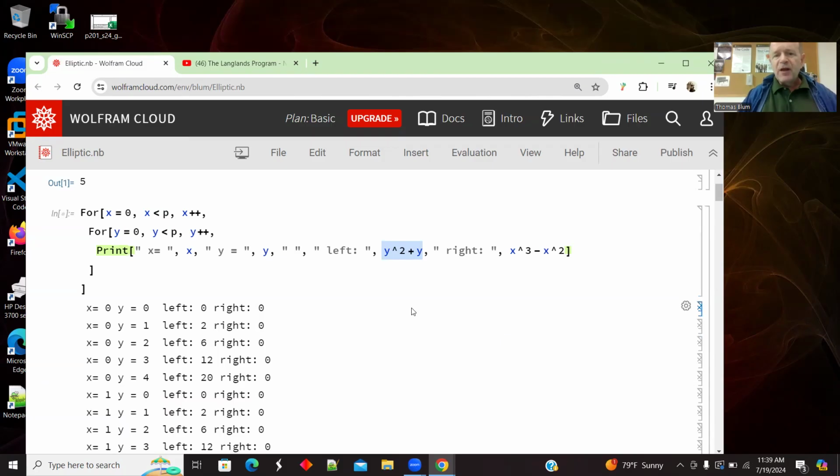So our x's and our y's are only allowed to go modulo p, the prime, and then these combinations are also modulo the prime. We'll get there. Okay. But for now, because the x and the y that we're interested in are only modulo the prime, I'm going to only go up to the prime.